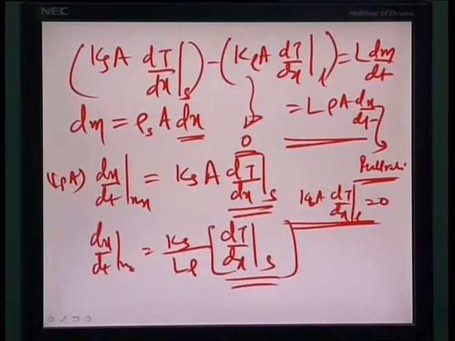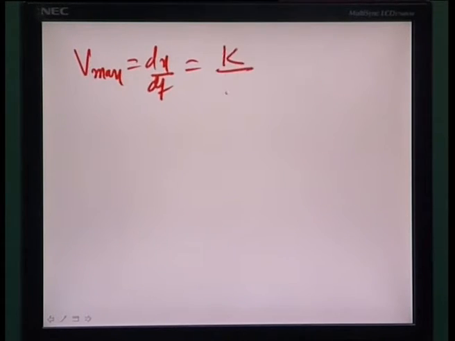So, the temperature gradient in the solid phase from the zone of fusion onwards, multiplied by the thermal conductivity of the solid and divided by the latent heat of formation and the density of solid silicon, would determine the maximum pull rate or the maximum velocity. That is written as V max equals dx by dt equals k by rho L dT by dx.